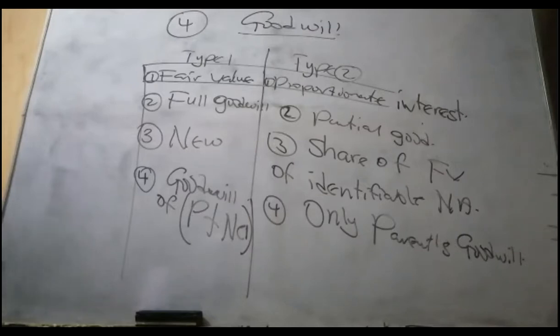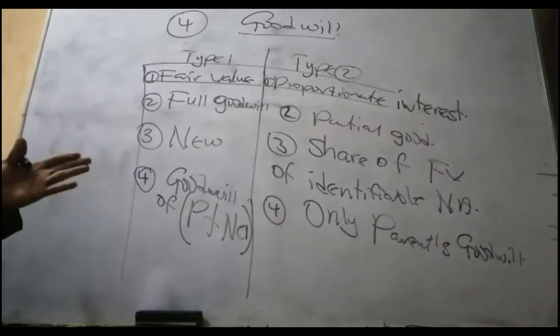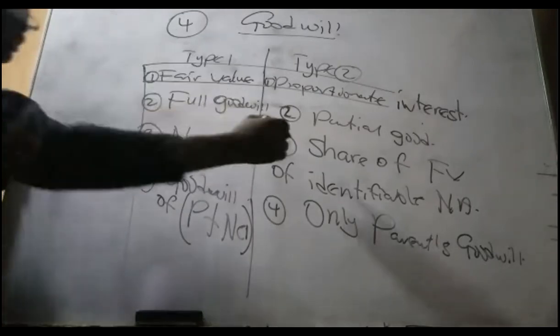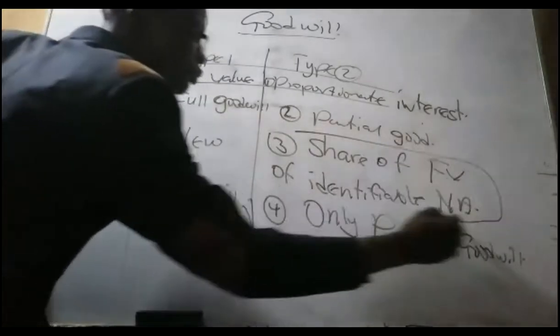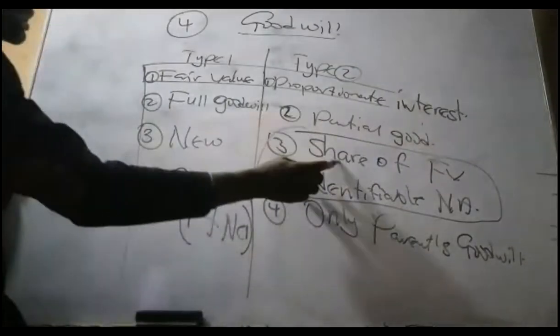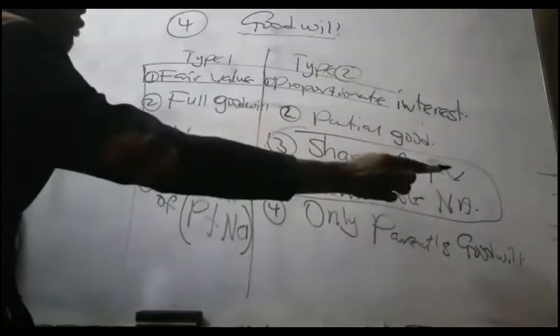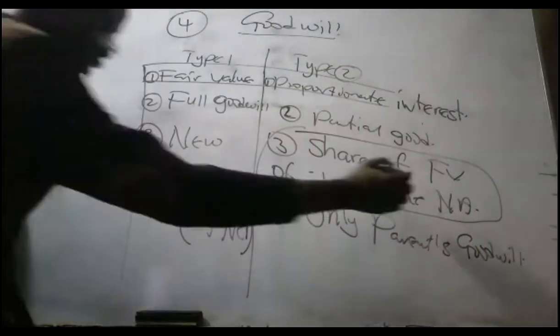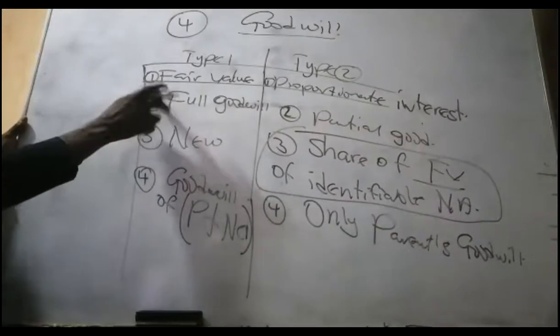I've given you all the names. Please take note of this. Let me circle this name for you. They say share of fair value of identifiable net assets. Please, if you see fair value inside, that does not mean it's the fair value model.